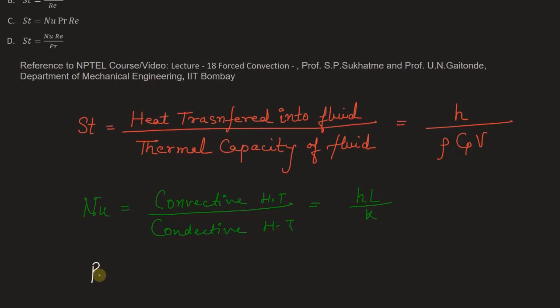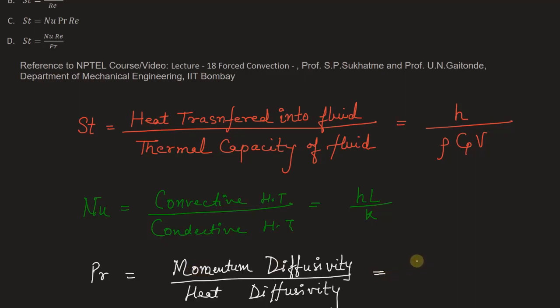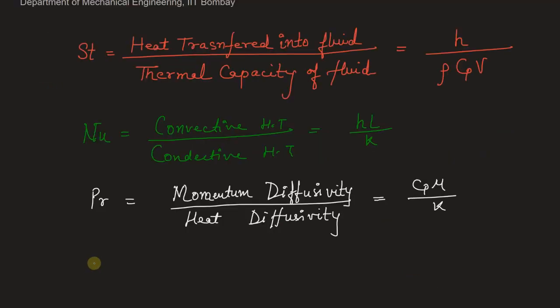Prandtl number is defined as momentum diffusivity by heat diffusivity, which is given by Cp mu upon k. And the Reynolds number is defined as the ratio of inertial force by viscous force. This is given by rho VL upon mu.